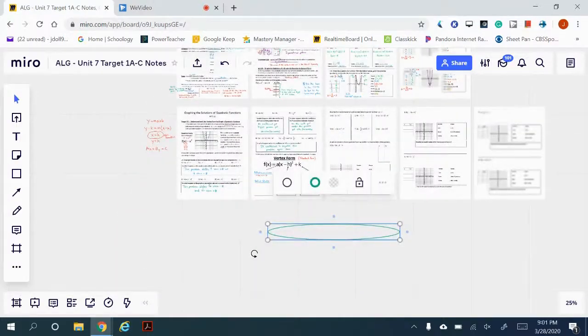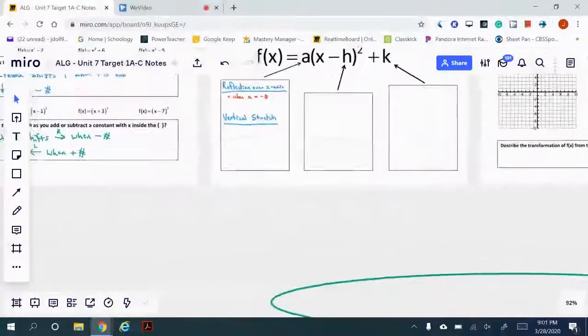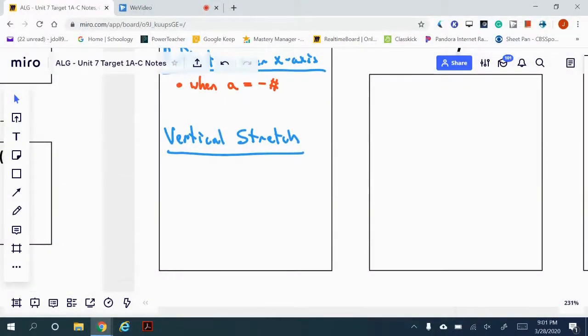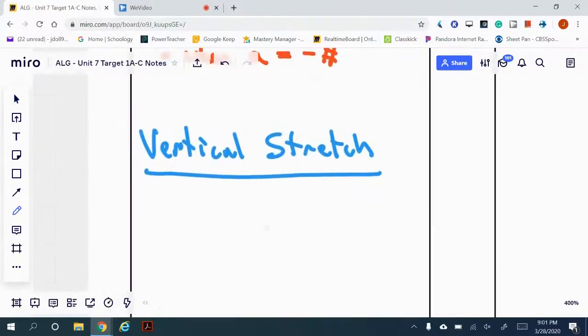All right. So we don't define that transformation by what's happening horizontally. We define it by what happens vertically. So a vertical stretch, meaning a horizontal skinny, is when the absolute value of A is bigger than 1. It doesn't matter whether the A value is positive or negative for a vertical stretch.